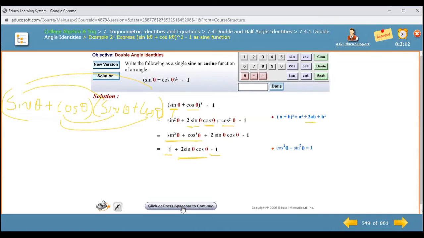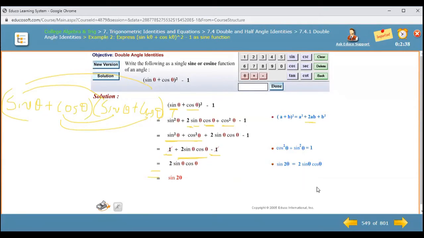If you go back to your double angle formula identities, 2 sine theta cosine theta will actually give you sine 2 theta.